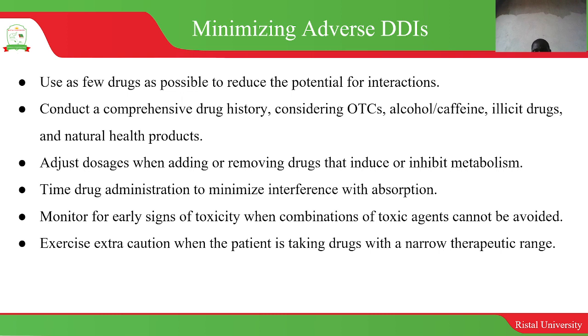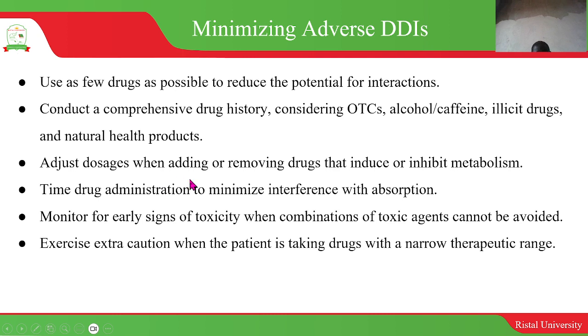How do we minimize adverse drug-drug interactions? We said we can use as few drugs as possible to reduce the potential for interaction. We can give one drug after the other, or we can monitor the durations and give them at varying intervals. We can also conduct a comprehensive drug history, considering over-the-counter drugs, or whether this person is an alcoholic or is taking other illicit drugs, or even natural health products.